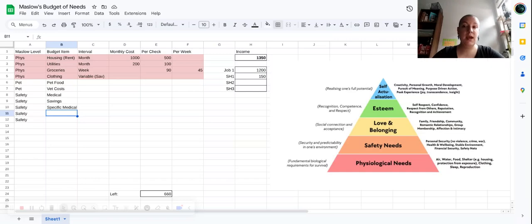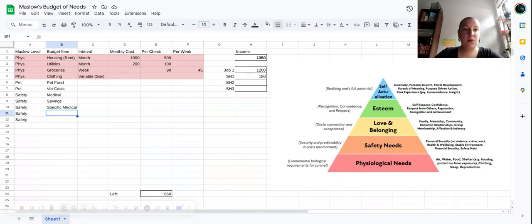So for example, I have a car note. If I do not pay my car note, my car will get repossessed. That is an immediate effect to my ability to get to work. So I have to put my car note, paying that debt, in safety because that immediately affects my financial security.